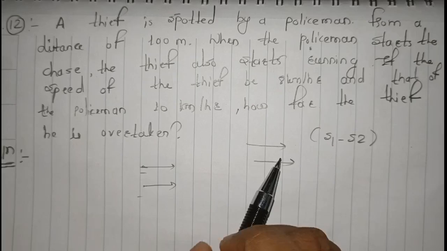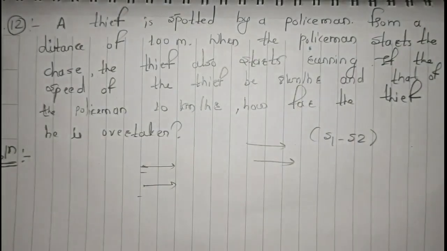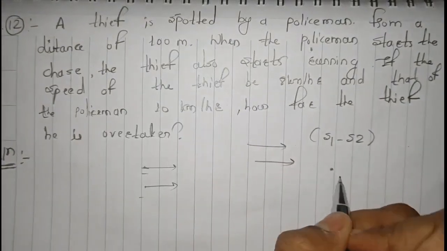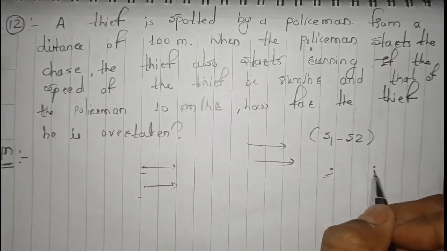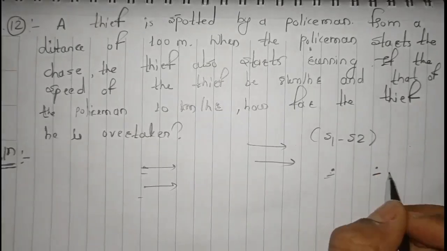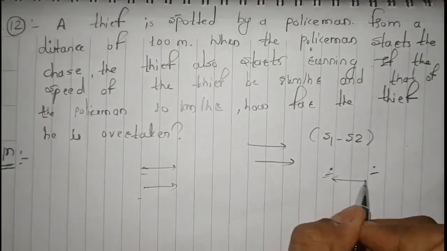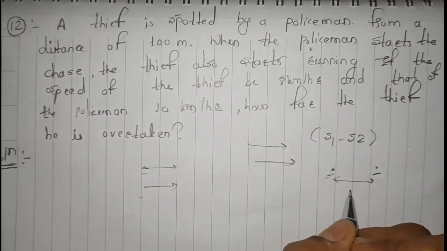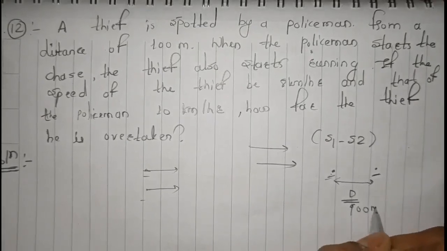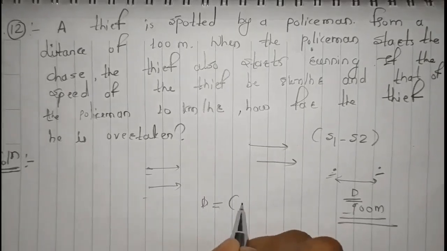But in this scenario, there is a difference of distance, right? For example, the policeman is here and the thief is here. When the policeman has seen the thief, both of them start moving. But there is this distance which the policeman has to cover. The initial distance is given as 100, which is our difference of distance when we substitute the values in this formula.